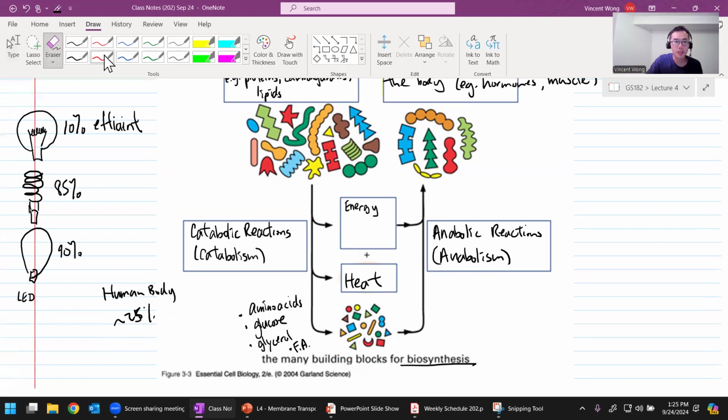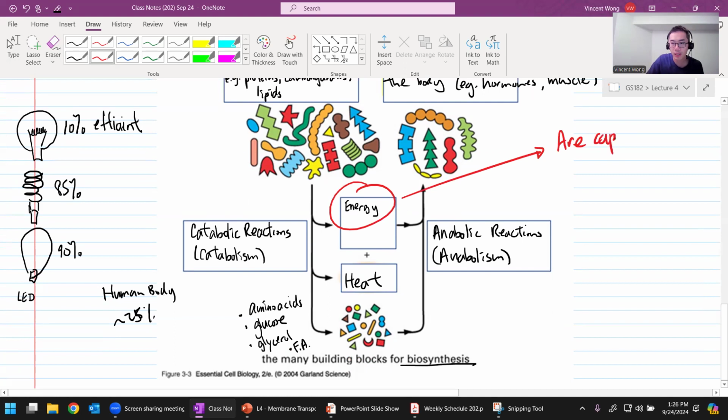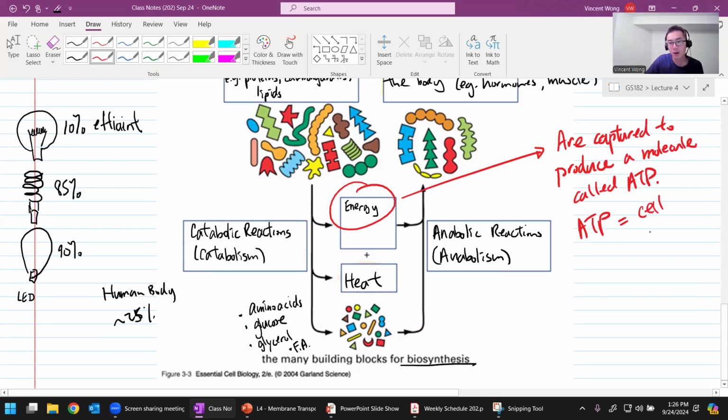Okay, so I'm just going to put a quick note here. The energy released is captured to produce a molecule called ATP. You can think of ATP as a cell battery.